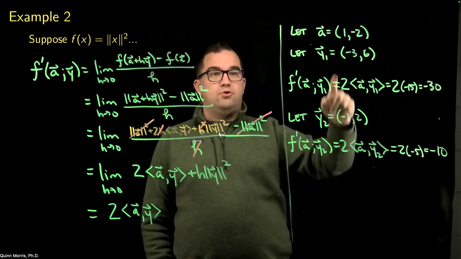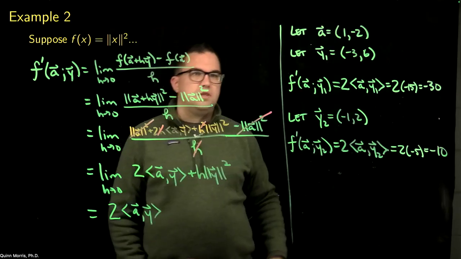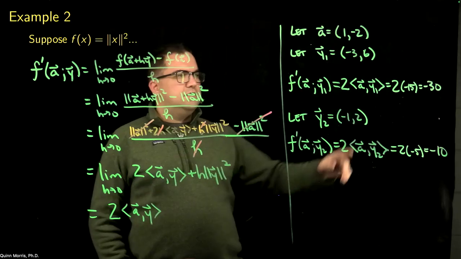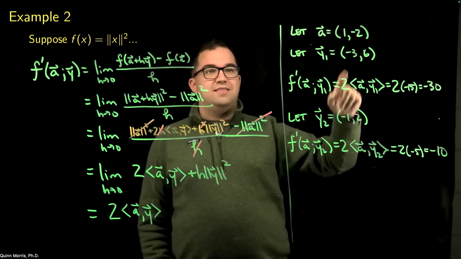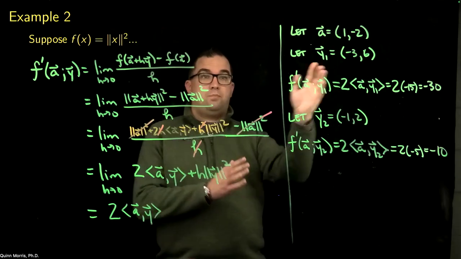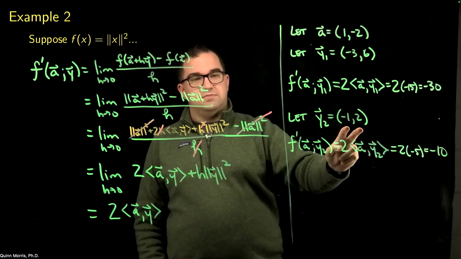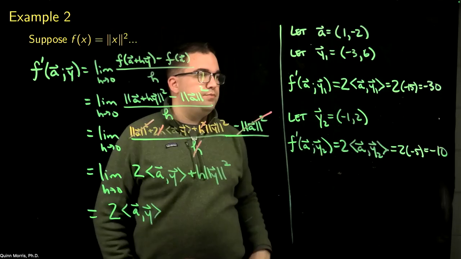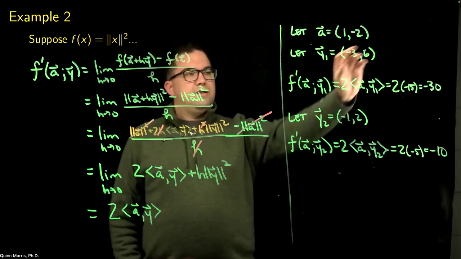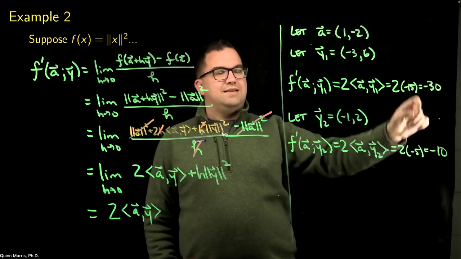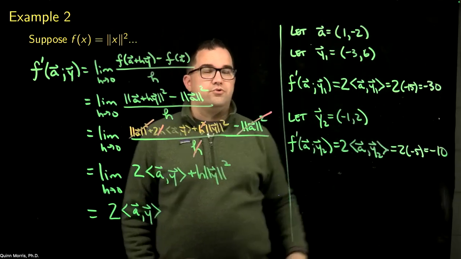So these are scalar multiples of one another. And so what we notice is that even though these are in the same direction, right? These vectors point in the same direction. This one just has a magnitude that's 3 times the magnitude of y2. What we notice is even though they're in the same direction, we get different values for the derivative.